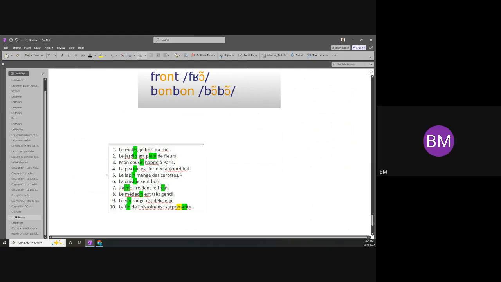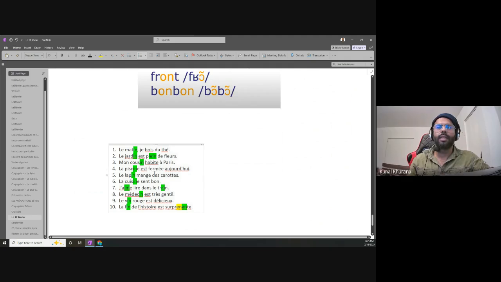The swimming pool. Yeah, la piscine and la cuisine. So perhaps it's an exception, or perhaps because of the e, we have to pronounce the n. Generally we don't pronounce n. Since we added an extra e at the end, it becomes mandatory to pronounce the letter before it. So la piscine, la cuisine.